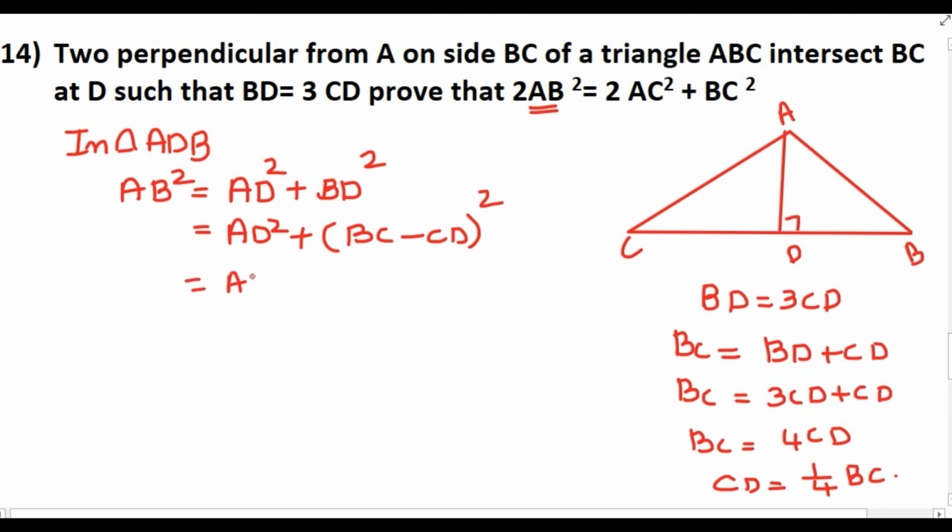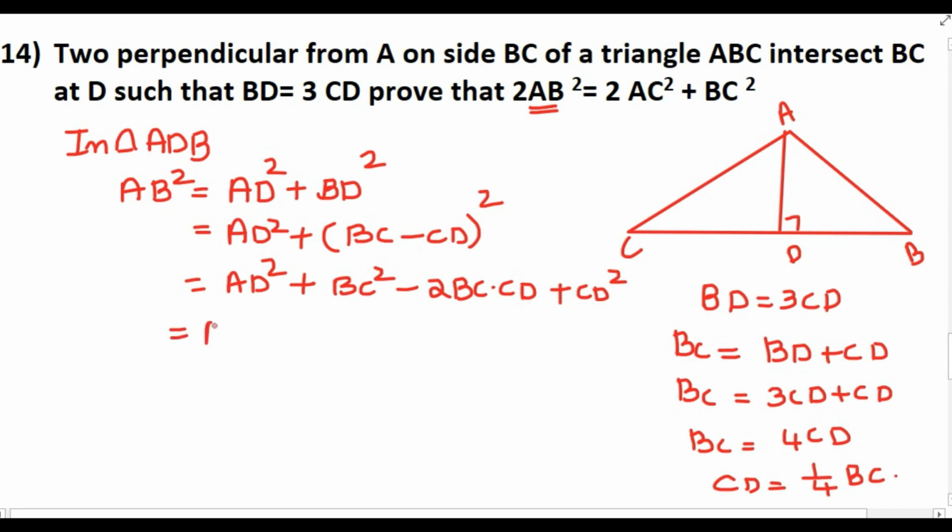So again AD square plus this, by using the (A minus B) whole square formula, I can write A square minus 2AB plus B square. So BC square minus 2BC into CD plus CD square. So like this I can write.